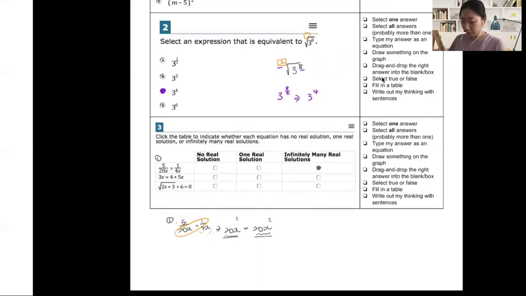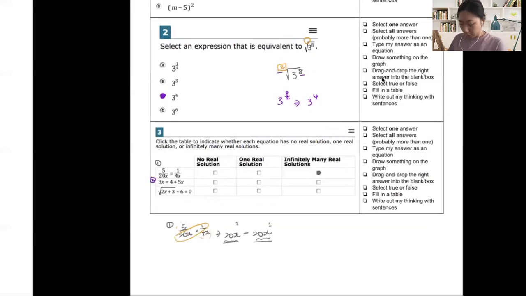Let's look at number 2. Number 2, 3x equals 4 plus 5x. I want to subtract 3x on both ends, and we'll get 0 equals 4 plus 2x. And then after that, I want to subtract 4 on both ends. We want to have the 2x on its own.